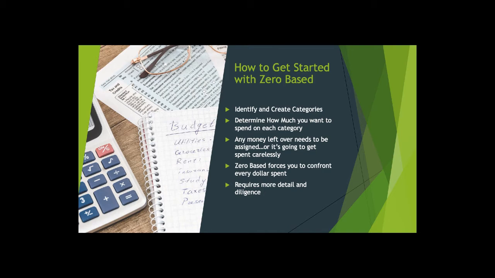Rather than creating some vague category like fun or entertainment, you will probably end up creating categories under zero-based like going to movies, streaming subscription services, video game purchases, in-game video game purchases. You're going to create granular categories for every dollar and cent that gets spent.